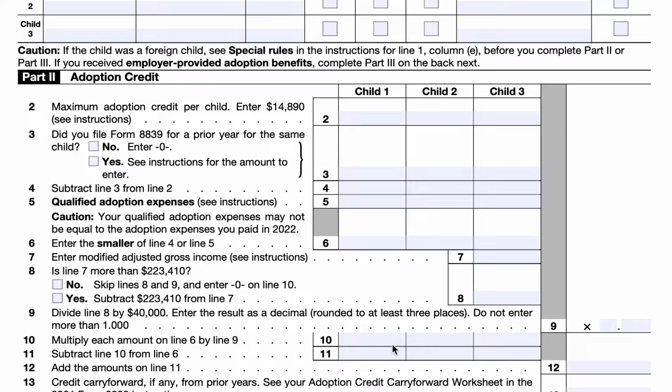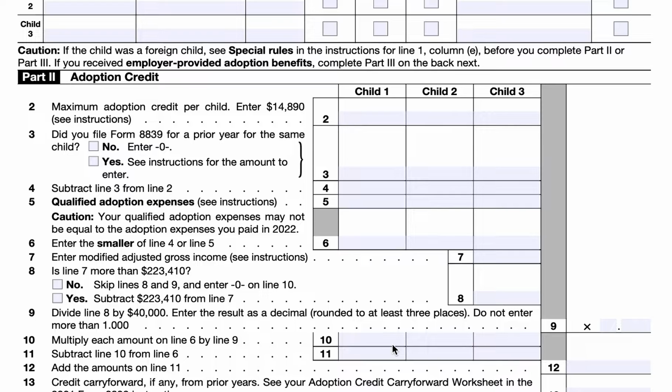In line 6, you will enter the smaller of line 4 or line 5. For line 7, you will enter modified adjusted gross income.